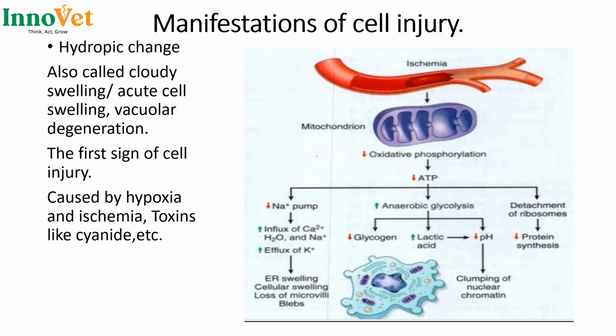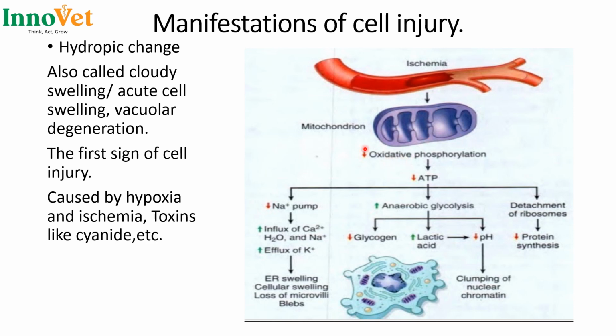So, as you can see in the diagram, this is ischemia, a blocked blood vessel. So that means we are having low oxygen supply to the tissues, specifically the mitochondria, which use up most of the oxygen.